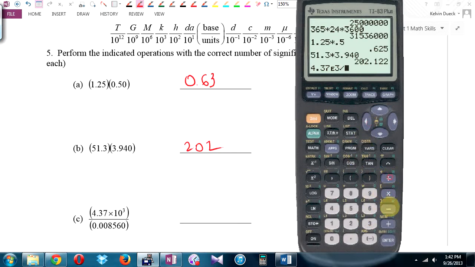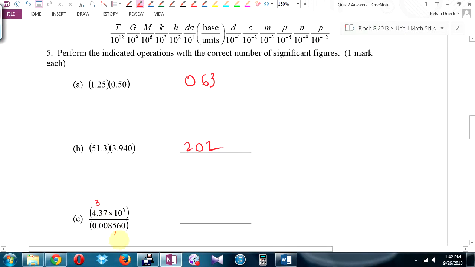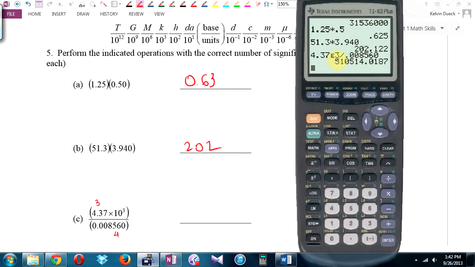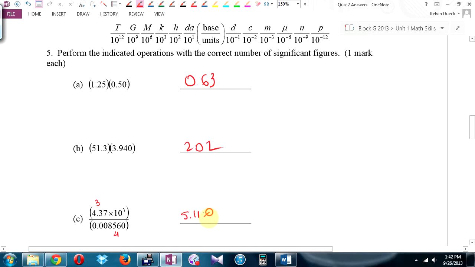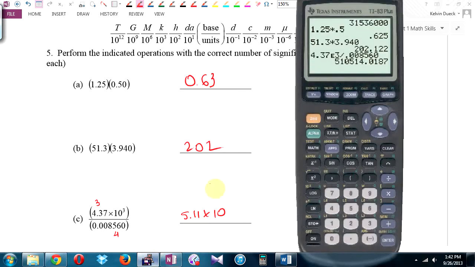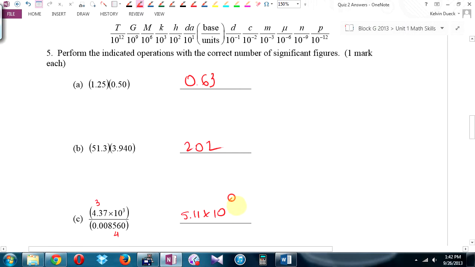How about divided by 0.008560? I get that. Let's see. 3 sig figs, 4 sig figs, 3 sig figs, 511. So 5.11 times 10 to the 1, 2, 3, 4, 5. Is that right? Yeah. Woohoo!